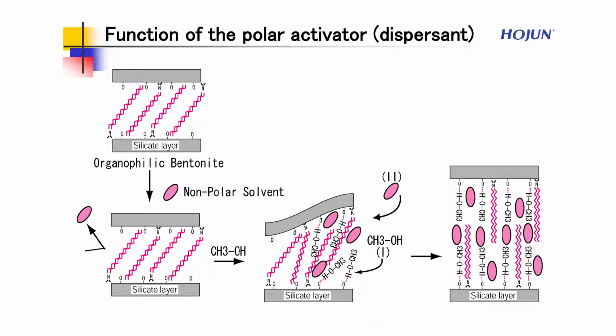In nonpolar solvents, there is a condition where it is difficult for nonpolar solvents to penetrate in between organic bentonite layers by themselves, which generates difficulties for swelling. Regarding this condition, the polar groups of alcohols and acids in polar activators will attempt to develop hydrogen bonds with the oxygen atoms present on the crystallized end faces of montmorillonite, enabling interlayer penetration.